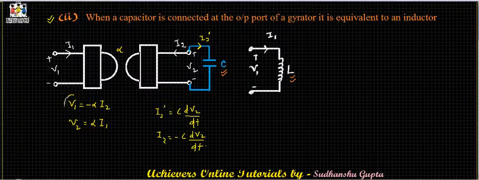Now we have to prove that the combination of these two equations and this equation will give us an equation which is similar to the equation for this inductor, that is V1 is equal to L dI1 upon dt.